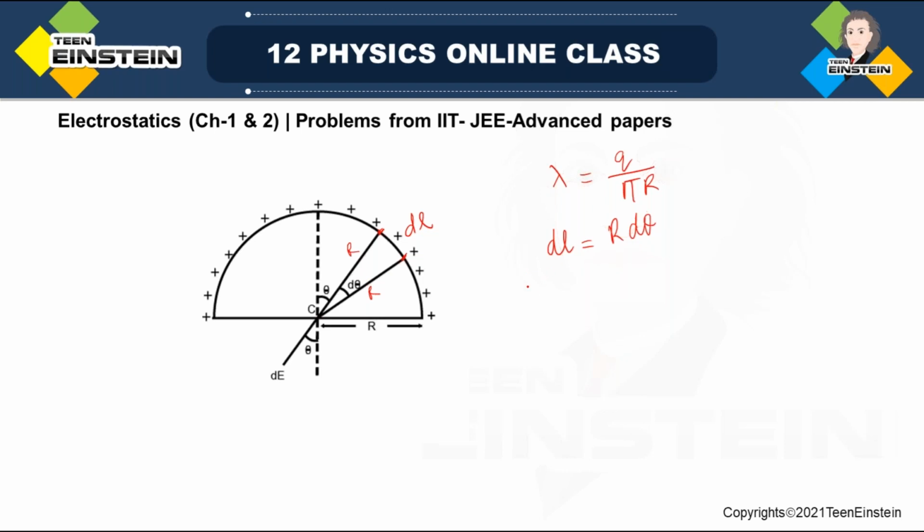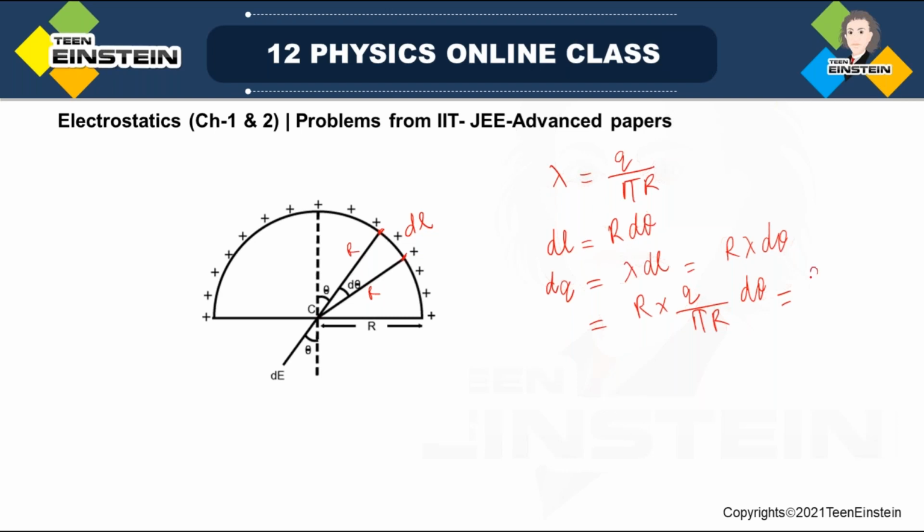Now if you want to find the charge on this particular length element, you can find it as lambda into dl, that means R lambda into d theta. If we put the value of lambda over here, look what we get. R lambda is q by pi R into d theta.